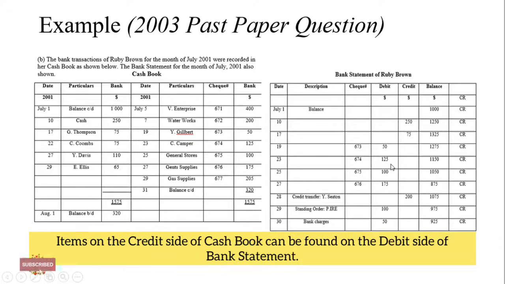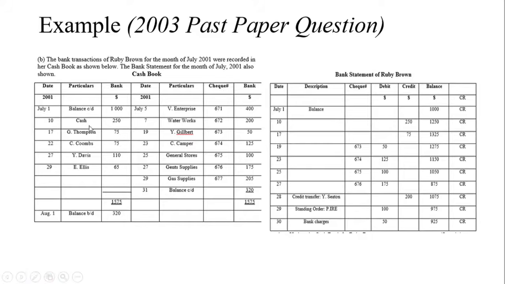So that is very important for you to remember. Always remember that items on the debit side of the cash book, you find them on the credit side, or in some questions they may have deposits in the bank statement, and where you see debit in the bank statement, they may have withdrawals there.